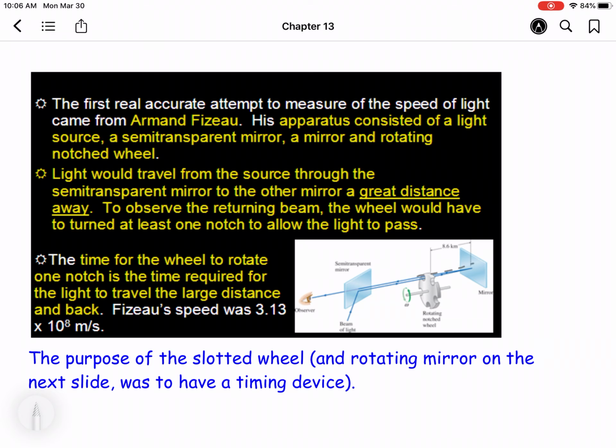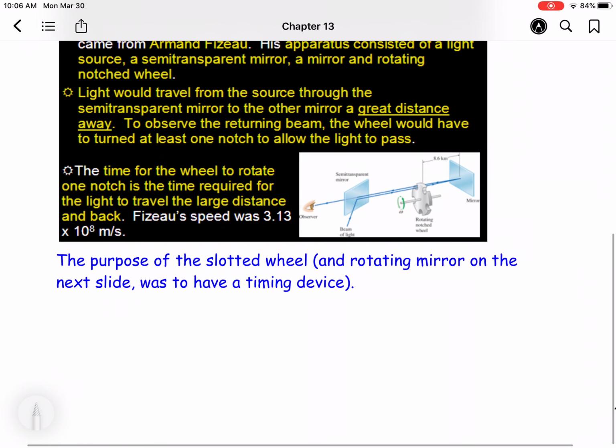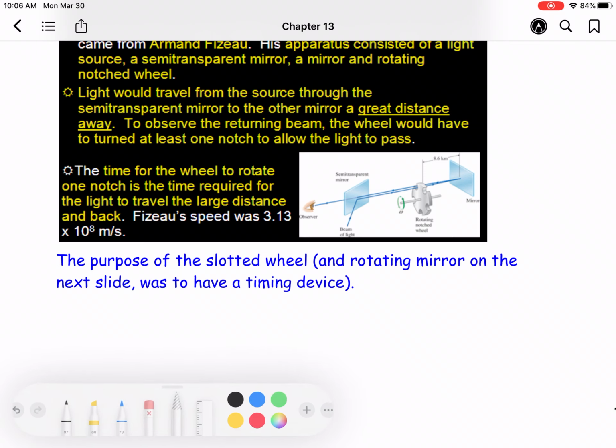Any other beam would be stopped either here or on the way back. So he was basically splitting the light into pieces, and the rotation is a timing device.